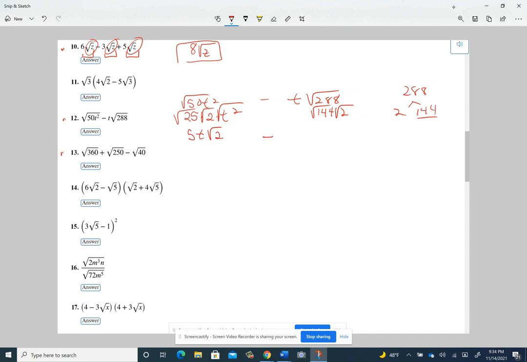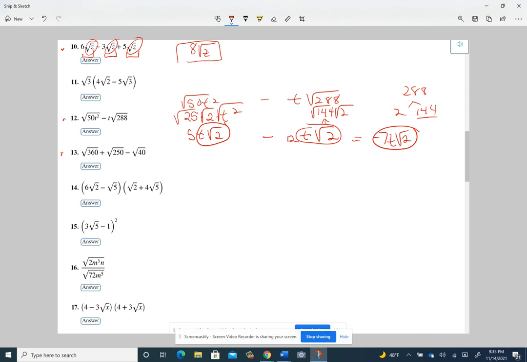And there was already a t out in front, and now there's going to be 12 coming from there, and then the square root of 2 left. And then see how this and this are the same. So these are like radicals. And so our answer would be 5 minus 12. So that would be negative 7t square root of 2. We were able to put them together. Okay.